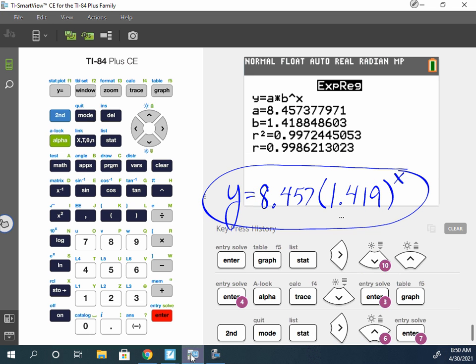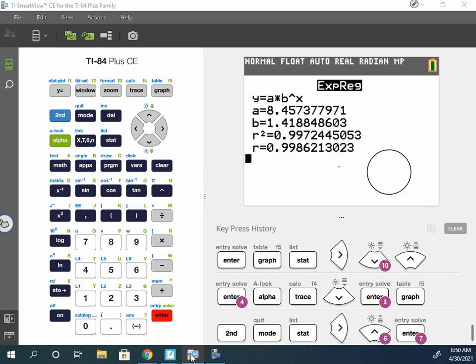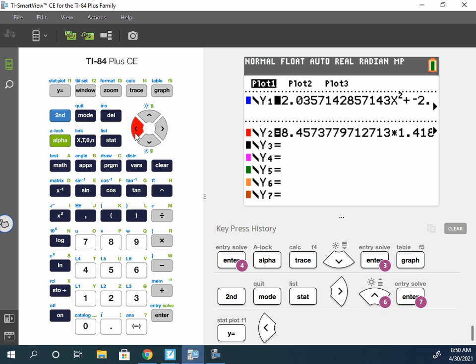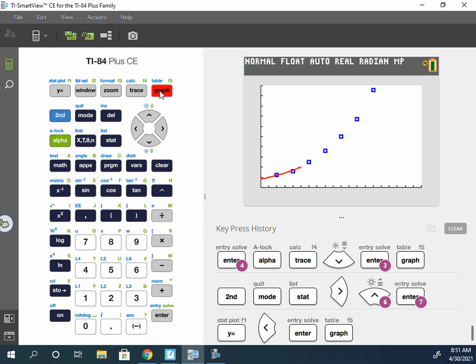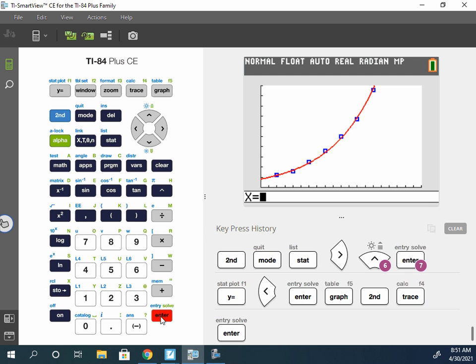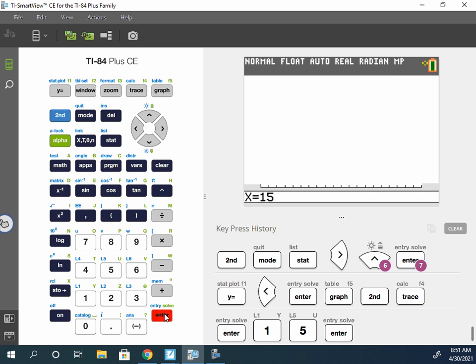Now, we can look at this with the exponential. What's really cool and kind of nice is I'm going to turn off this here, and in the graph with this function, I can go second calculate and calculate a value. Because it asks for 15 years, when x is 15.